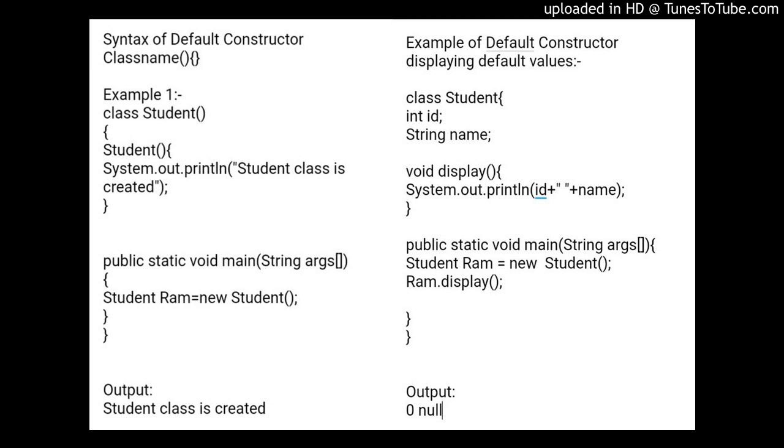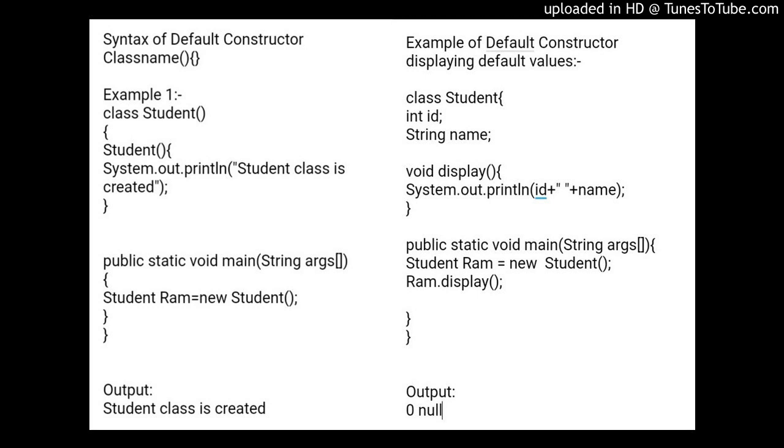If you want to test it, we can write a small program which runs like this. We are creating a new class student. Suppose it has two instance variables, int id and String name. The id is the roll number or identity number of the student, and name is the name, of type String.